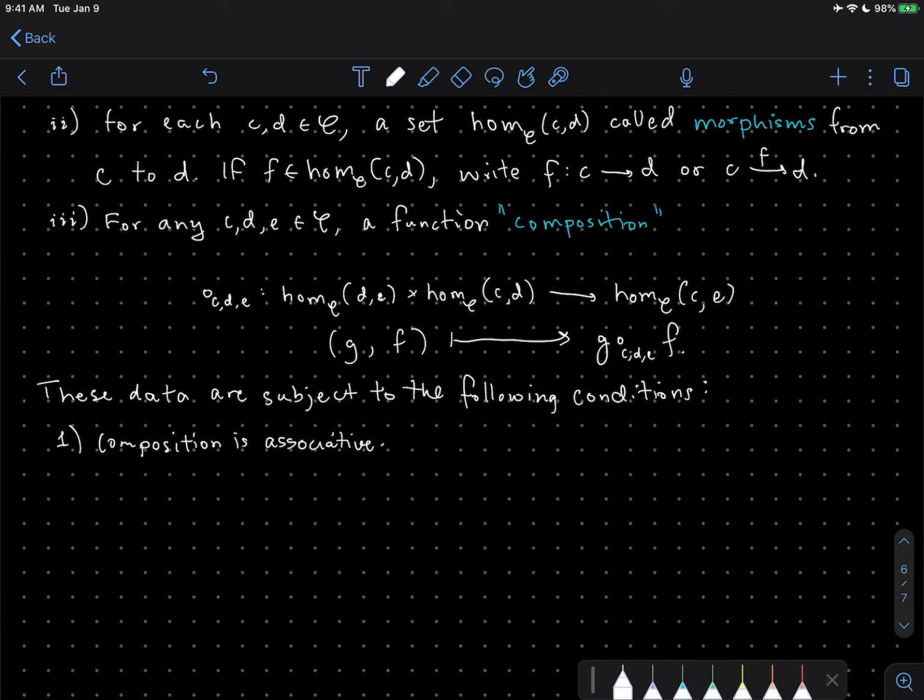Let me write out in long form what this ends up saying, though it's a little bit clunky. All right. So for any, I was going to say F, why don't we say instead A, B, C, D in C, the following diagram is commutative.